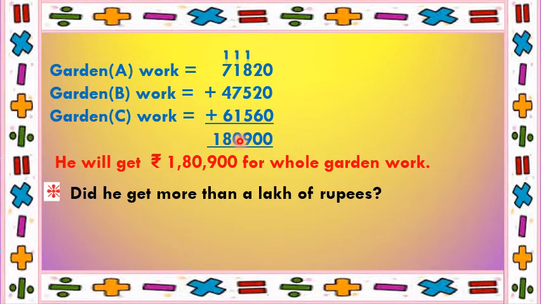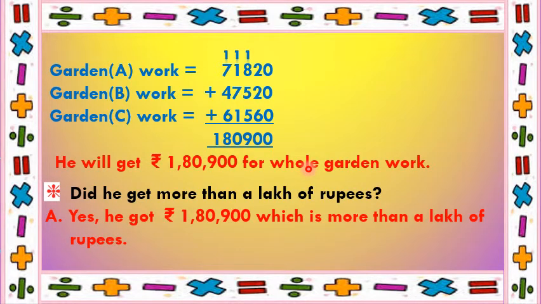Put 0 down, carry 1, 7 plus 1 is 8, 8 plus 4 is 12, 12 plus 6 is 18. So Karunya the contractor will get rupees 1,80,900 for the work of all three gardens, garden A, garden B and garden C.